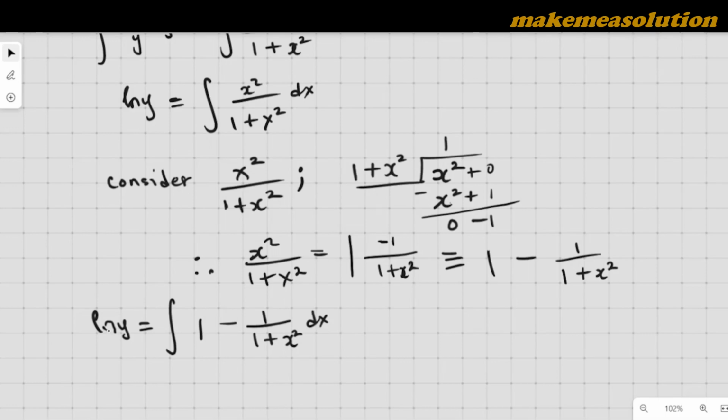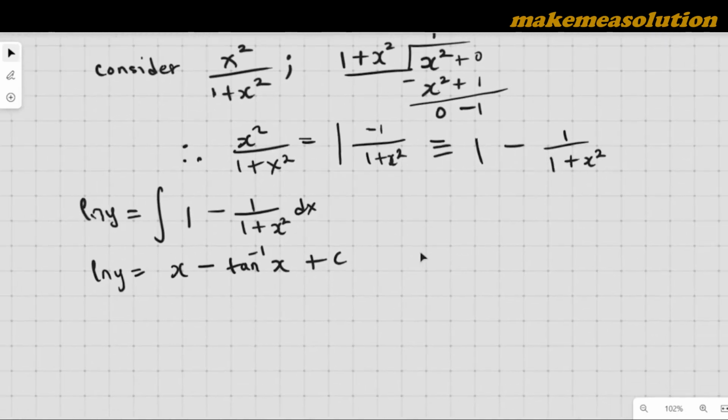So if we carry out the integration, we'll have ln y is equal to, integrating 1 with respect to x, you get x, and if you integrate 1 all over 1 plus x squared, if you check your tables, this is tan inverse of x plus c, the constant of integration.